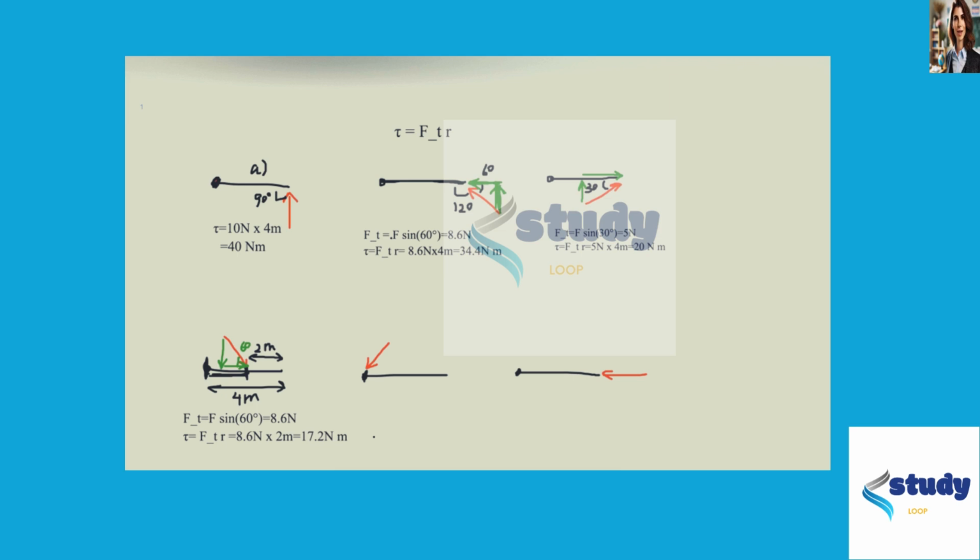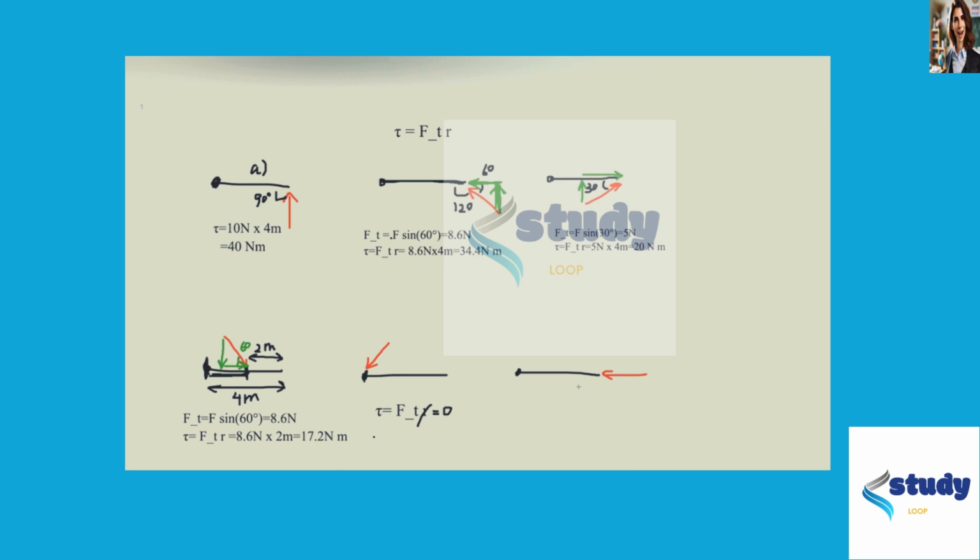So no matter what the effective force is, when we do tau equals FL, or FT times R, we will see that R is 0. So no matter what the force is, we will end up with a torque of 0. So we don't even need to calculate it out. We can just tell it's 0.